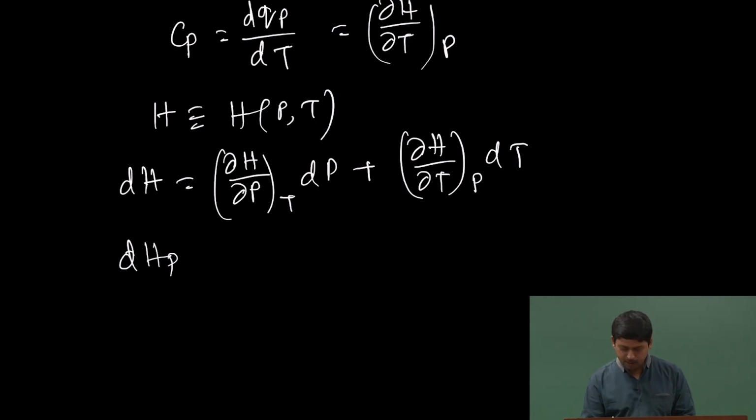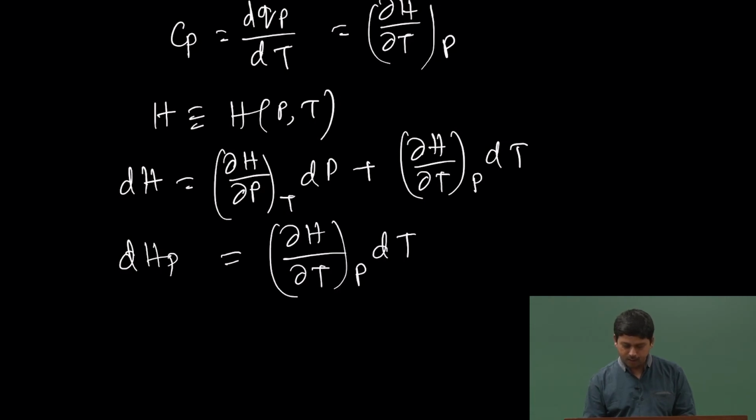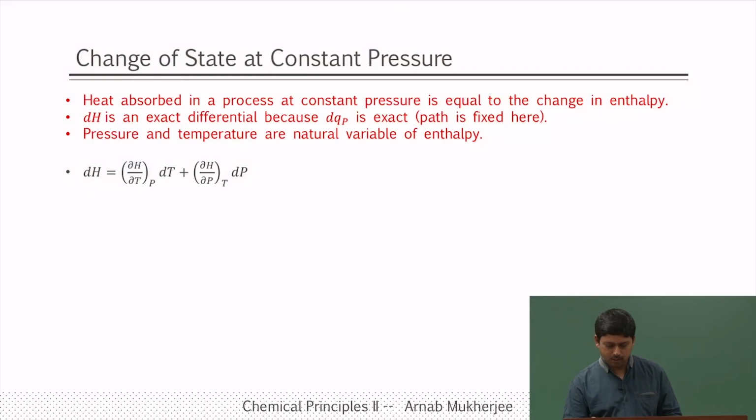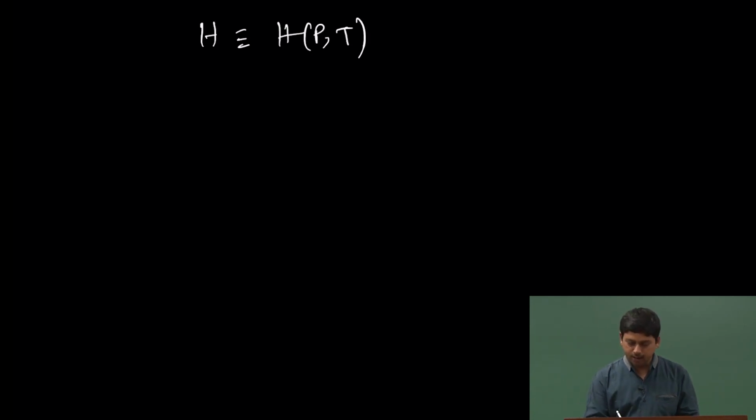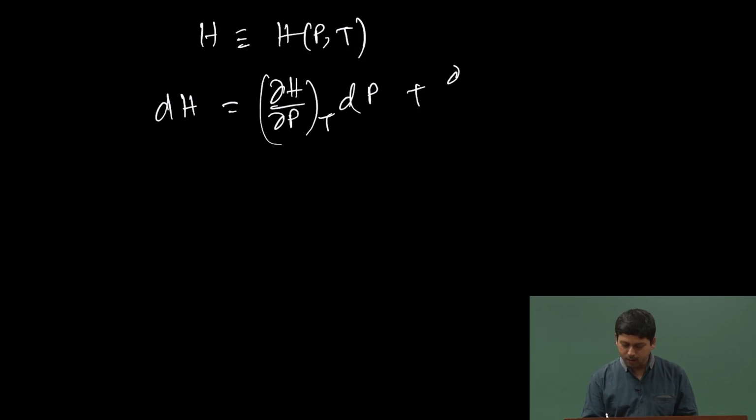So, H has natural variables of P and T. Therefore, we can write dH as del H by del P at constant T dP plus del H by del T at constant P dT.